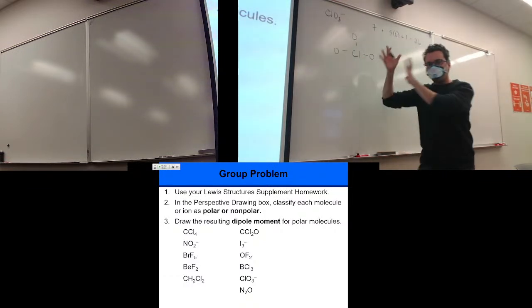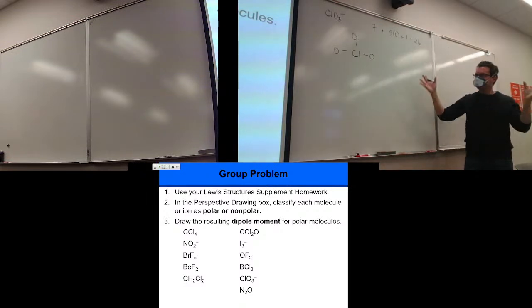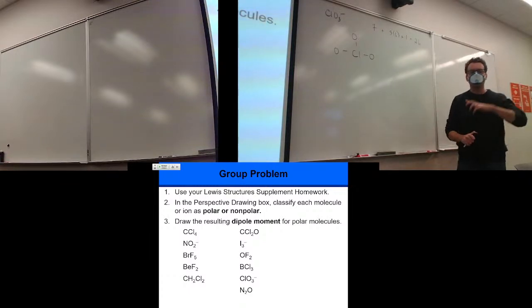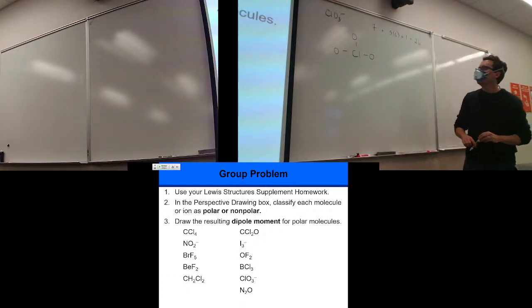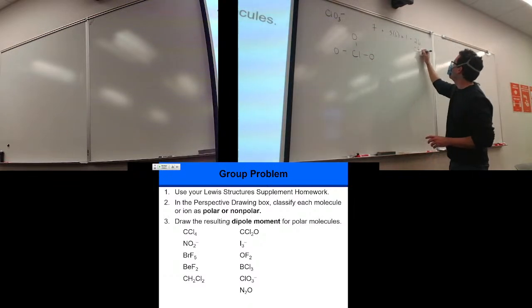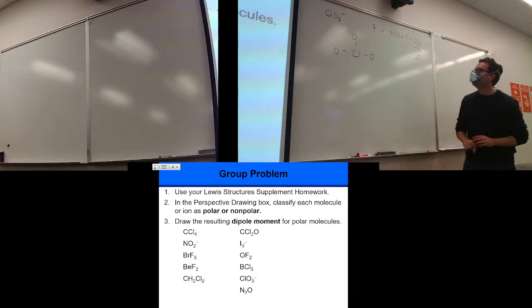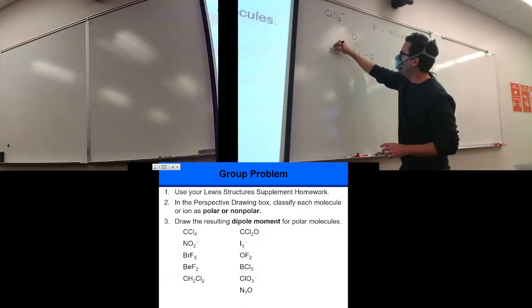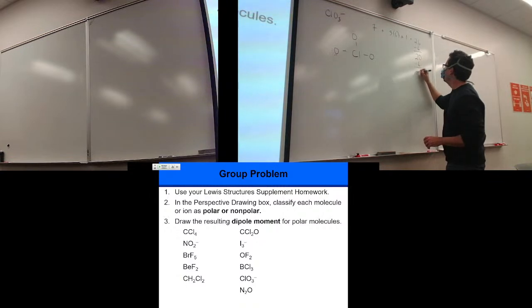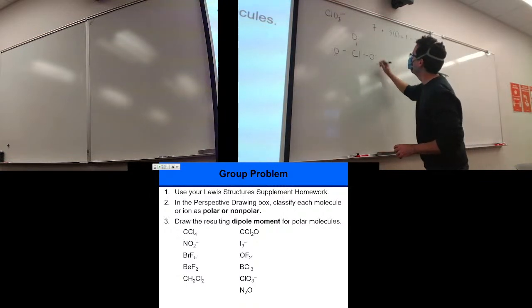Doesn't matter what direction you put them, whether it's shape or more symmetrical or what. That comes after this. So 6 electrons, 2, 4, 6 have been used up. We've got 20 left. And we'll do the octet rule for the outer atoms. 6 plus 2 is 8. 6 plus 2 is 8.